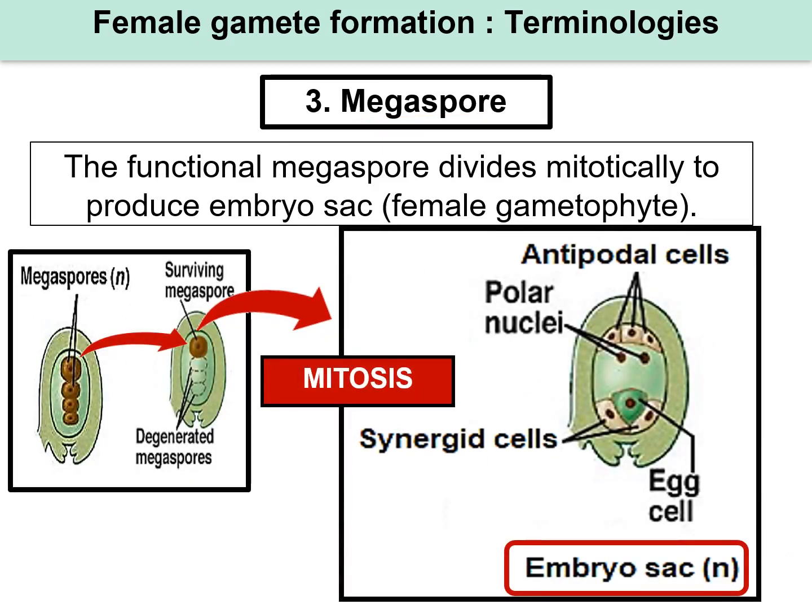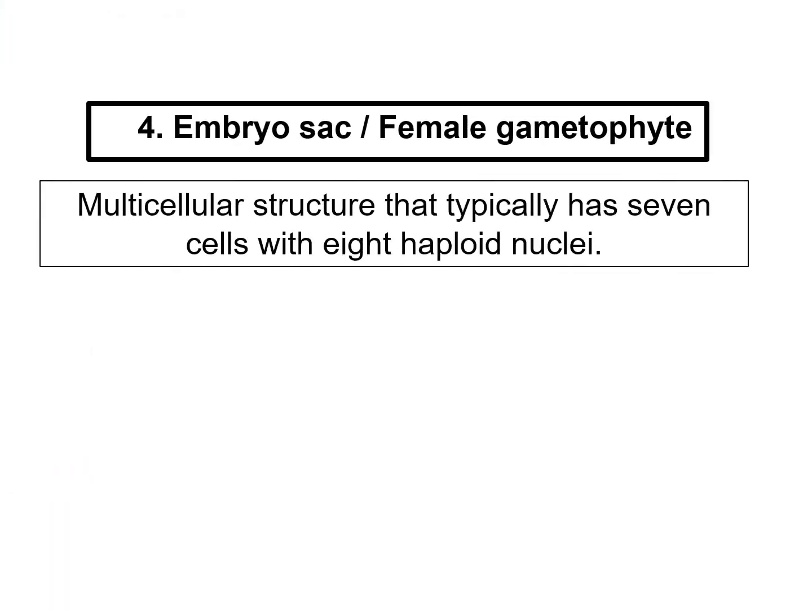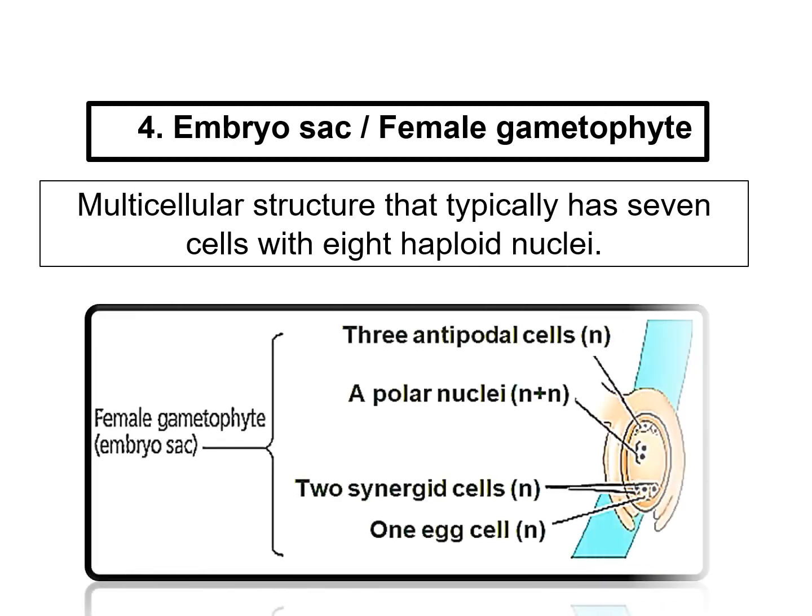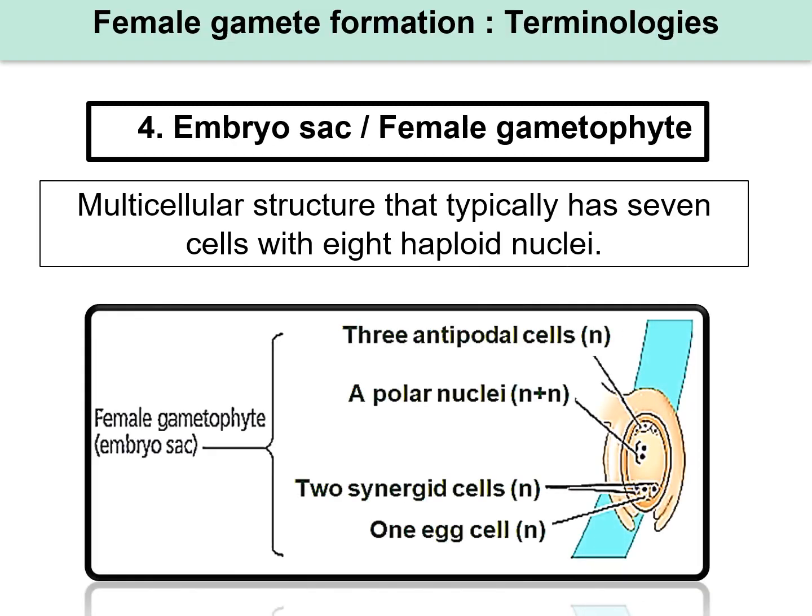Inside the embryo sac, we will find the 8 nuclei that I had been talking about just now. The embryo sac is a multicellular structure that has 7 cells with 8 haploid nuclei. There should be 3 antipodal cells and then a polar nuclei cell.